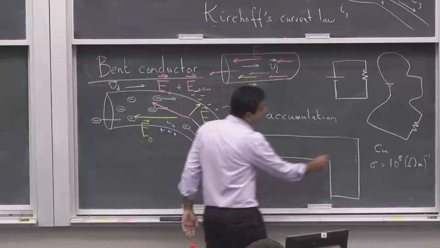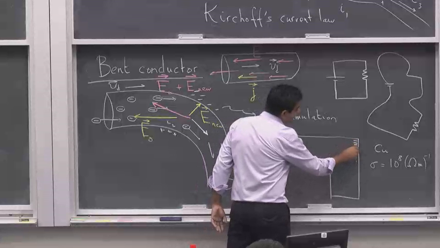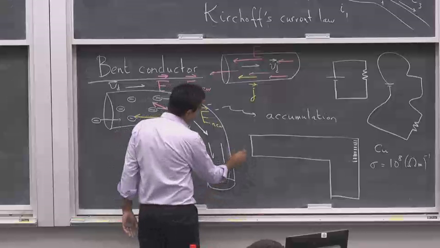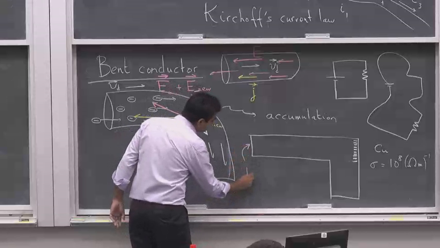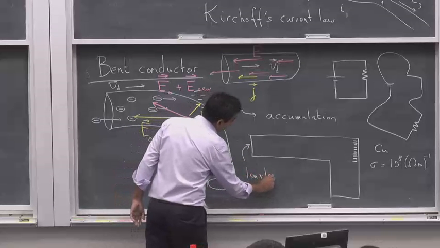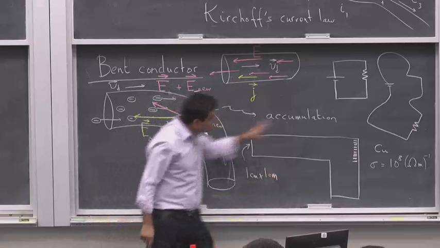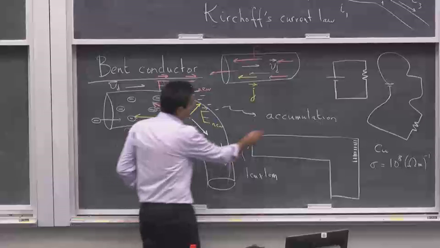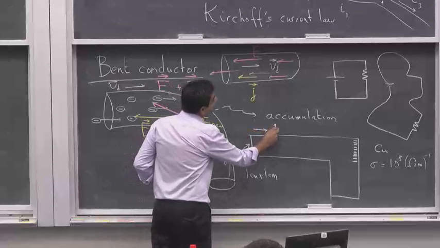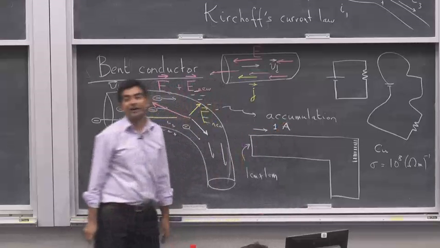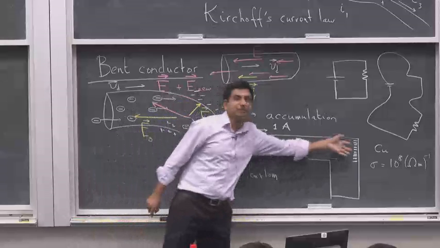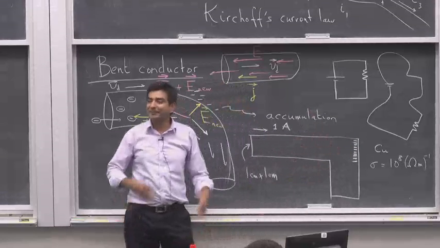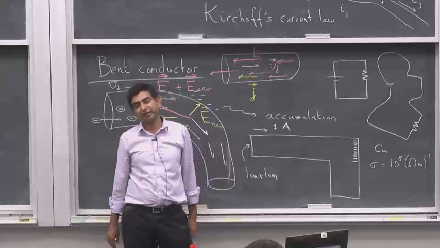We know that it's negative charge. We would like to find out how much is this charge. Suppose this cross-sectional area is 1 centimeter by 1 centimeter, and it's a uniform cross-sectional area, and the current that we would like to move inside this conductor is 1 ampere. So it's a large current, remember that, a really large current, and we would like to find out how much charge is required at this edge so that the current changes its direction appropriately.